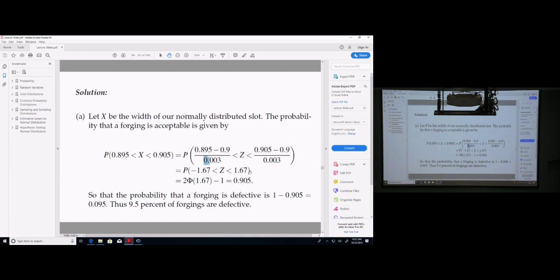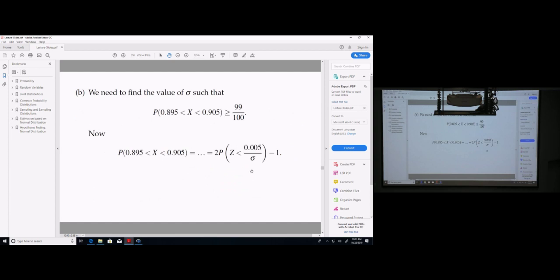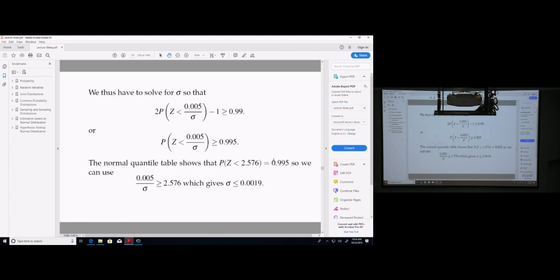Because of the symmetry, you still have the 2 here times this part minus 1. So this is how it comes out. I think it would be more consistent with the previous slide if you replace it by big phi of 0.005 over sigma, and then you continue to do the calculations.